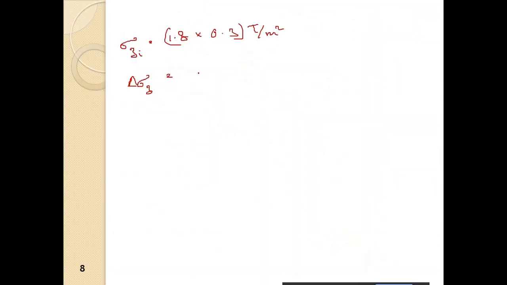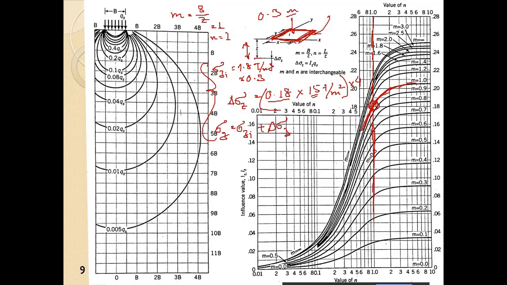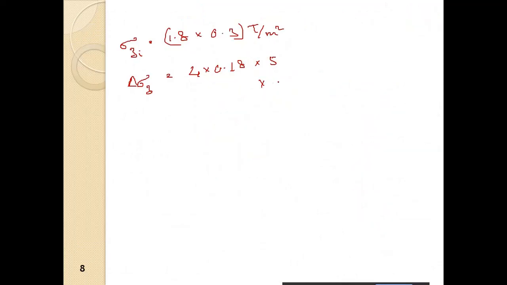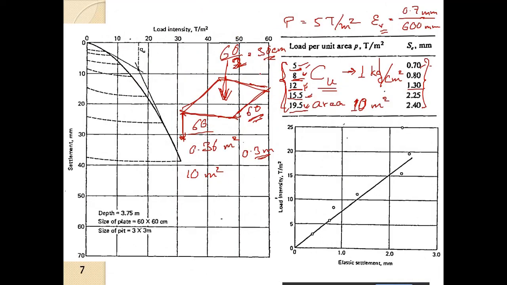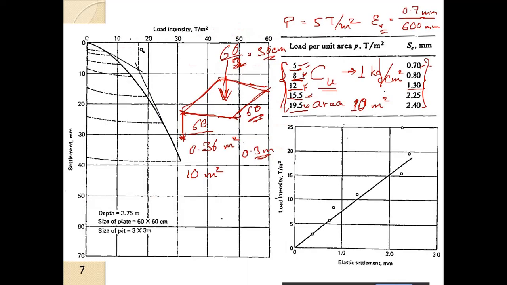So 4 into 0.18 into, in this case it will be 5, in this case 8, then 12, then 15.5, and in this case 19.5. So that will be delta sigma Z. Correspondingly you will find out the CU, which is basically this divided by this.